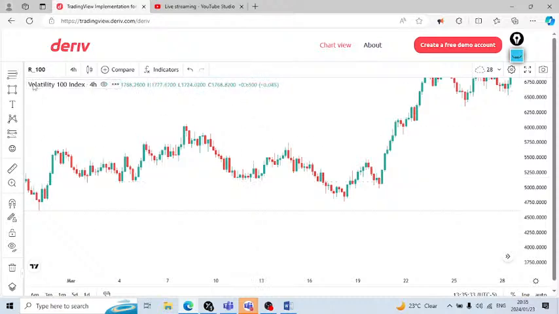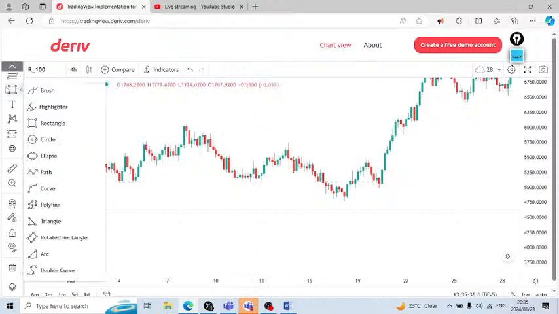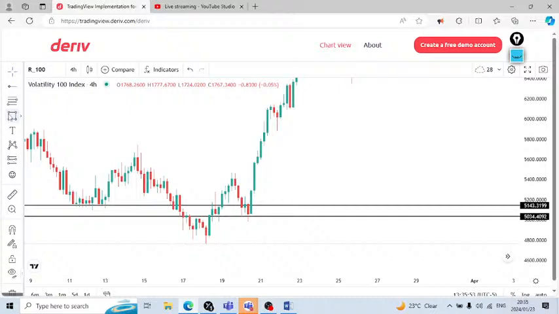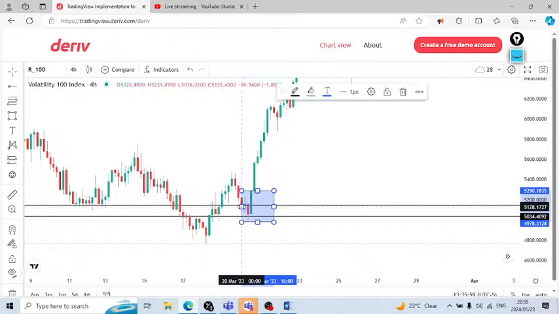We can talk about this particular level here. Focus is on this particular level here. We've managed to draw our support and resistance. I'm not saying that this is the correct way to draw support and resistance, but we're just saying that this is a support level.